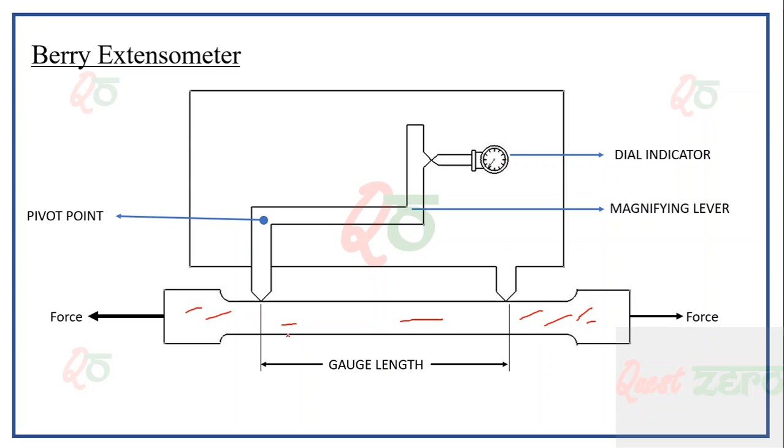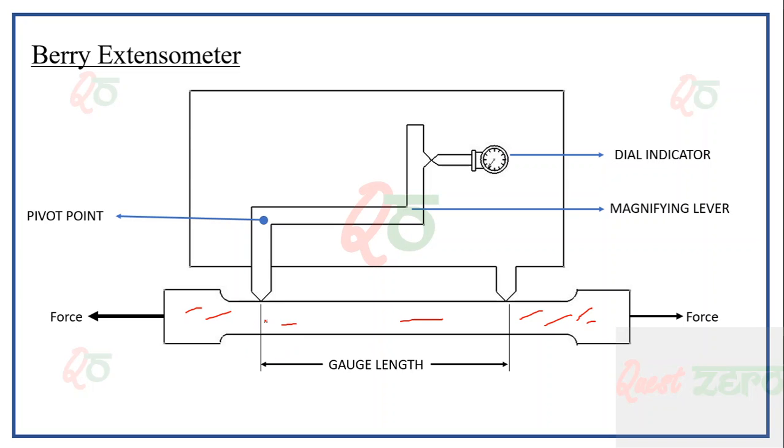This is called the dog bone test specimen, which is used on UTM machines, probably in your basic material testing lab or metallographic and material testing lab. It would have been employed in the UTM to measure tensile properties, or to plot the stress strain curve for a component under tension.